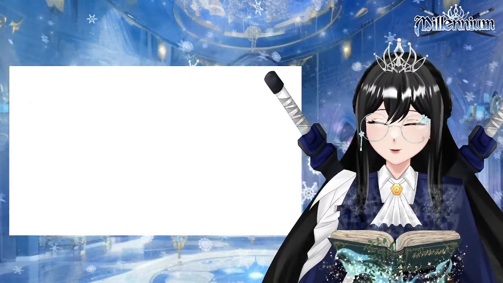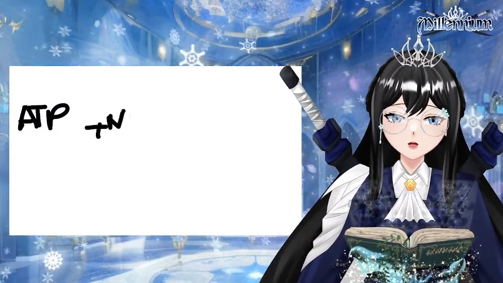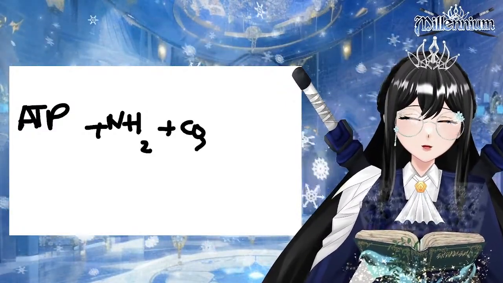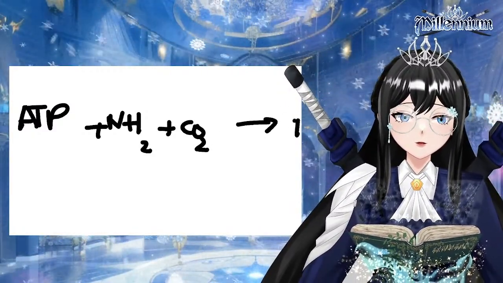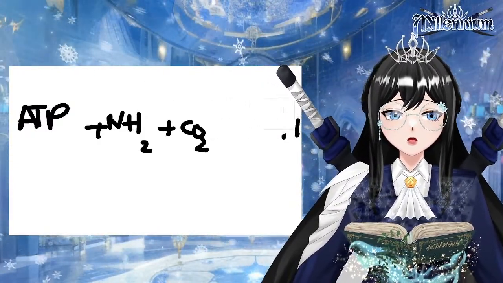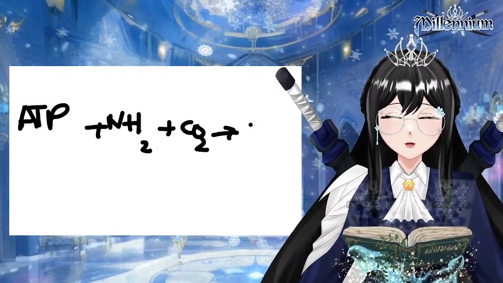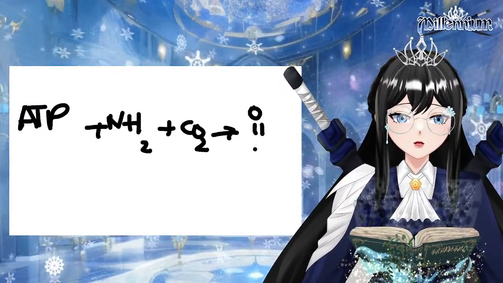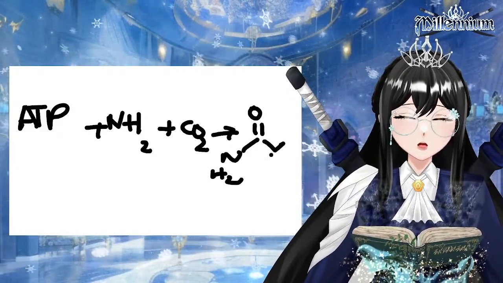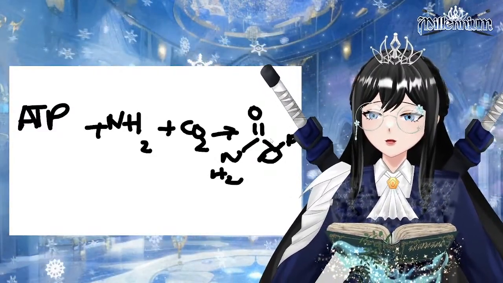Okay, so we have ATP plus NH3 plus carbon dioxide into, wait, we have to make sure that we write this end part properly, a double bonded oxygen and H2O over here and a P. Nice, beautiful, thank you.